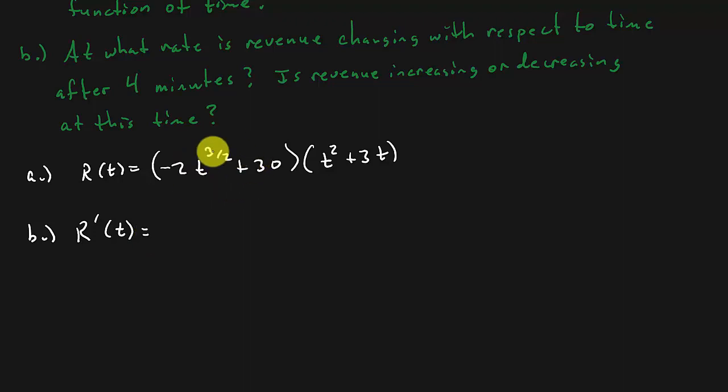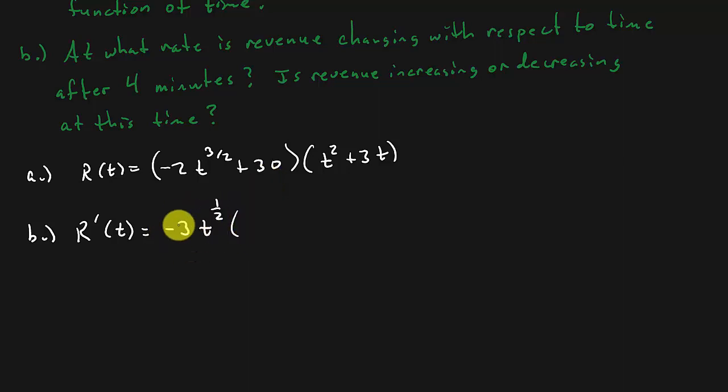All right, so it's the derivative of the first function. So 3 halves times negative 2 is negative 3, because you've got negative 2 times 3 halves, the 2's will cancel. And that's going to be t to the, so the 3 halves comes down, subtract 1 from 3 halves, which is 1 half, and then the derivative of 30 is 0.